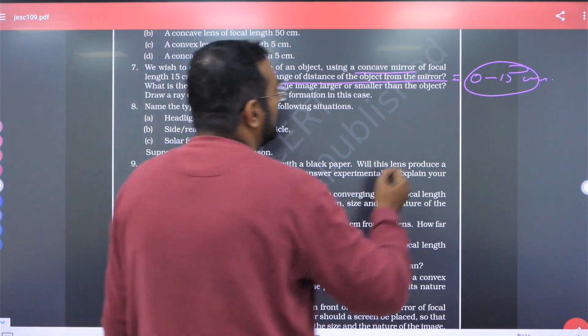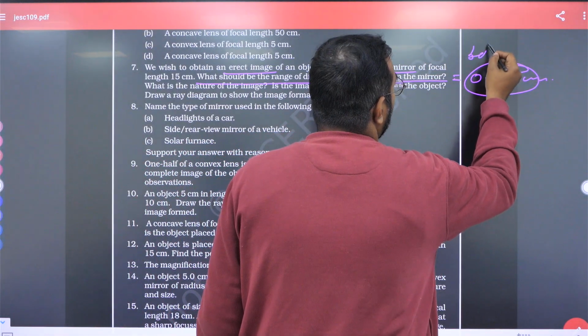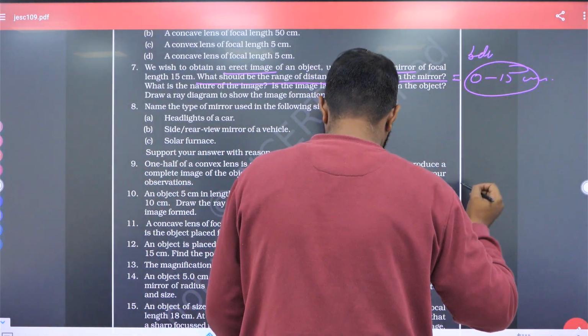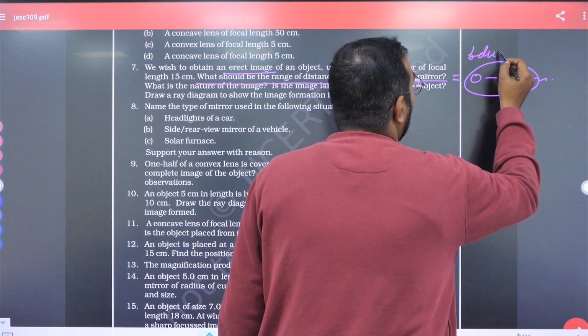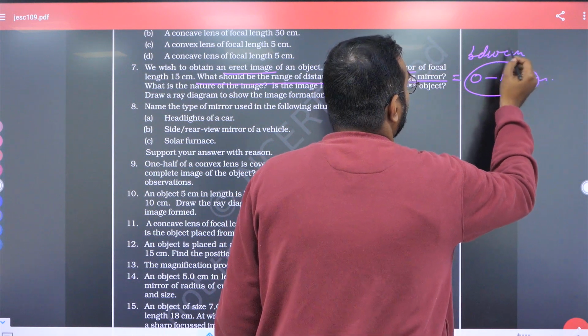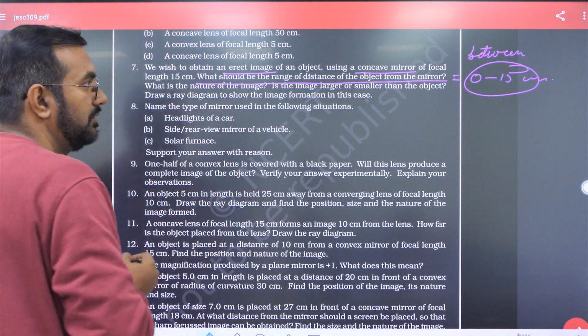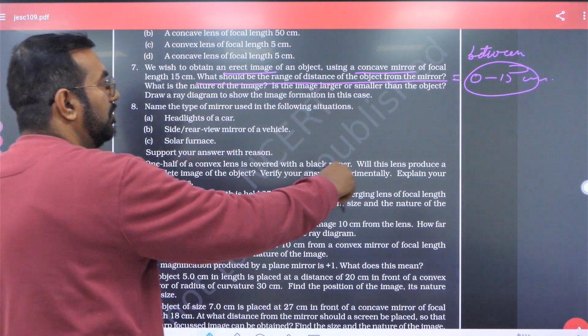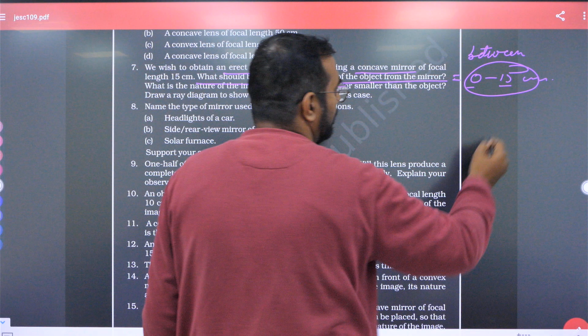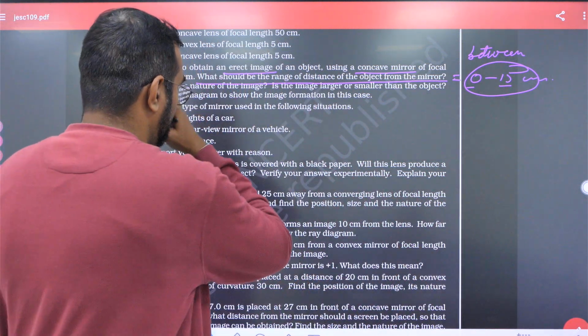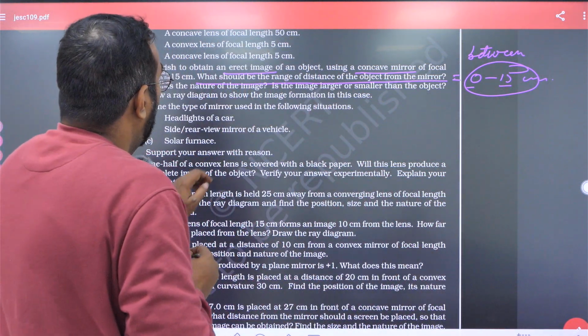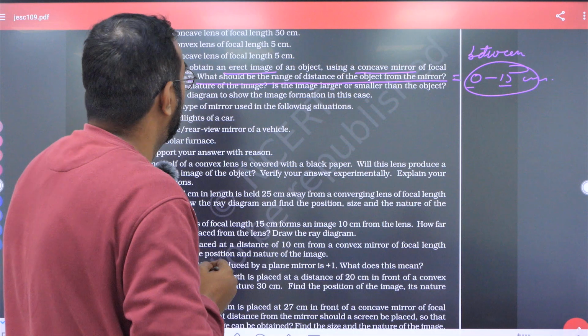What is the nature of the image? Sir, it is already mentioned here that the nature of the image is erect. Between 0 to 15. Okay, the right answer is between, because we have to exclude 0 and 15. What is the nature?